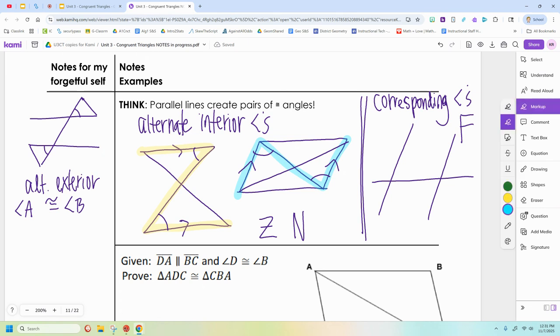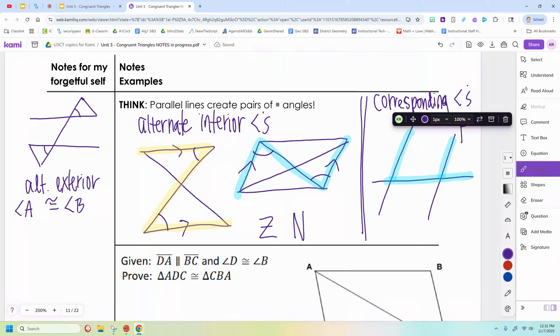Are you guys ready for me to do the highlight? Okay, so the parallel line is always going to be highlighted, so I'm going to do it this way. So parallel line, and then these two lines. Do you see the capital letter F? Okay.